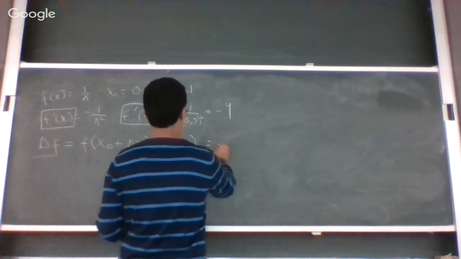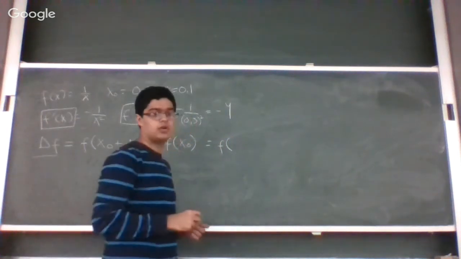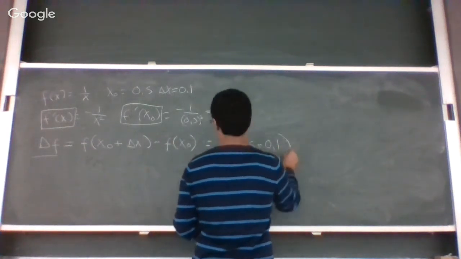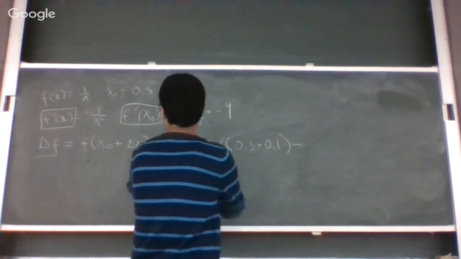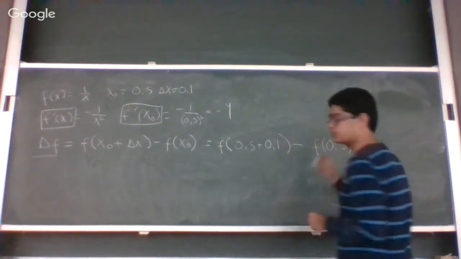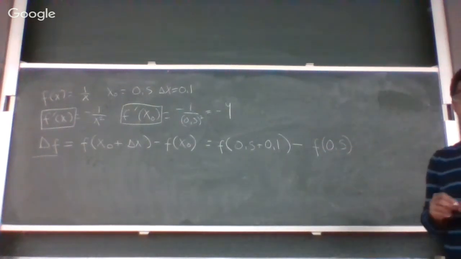So this is equal to f of 0.5 plus 0.1 minus f of 0.5. All right.